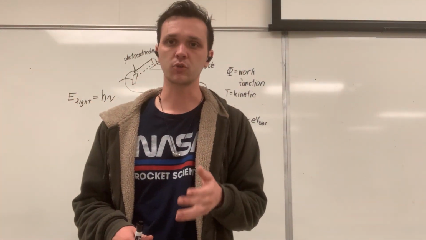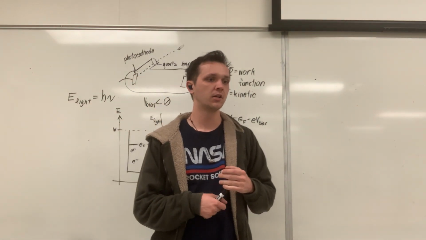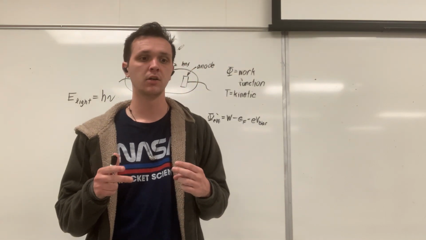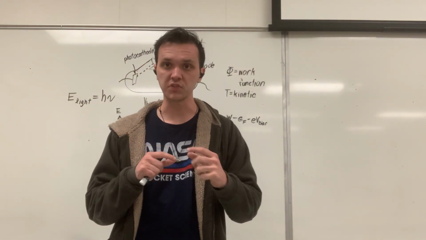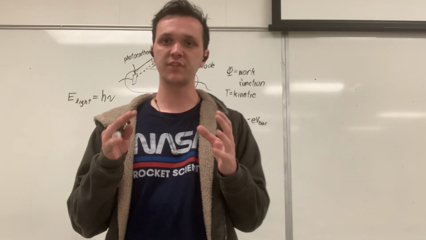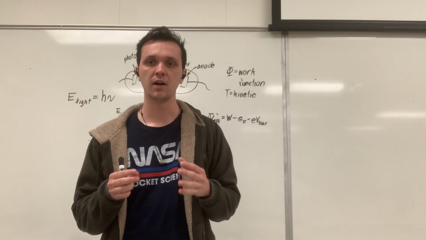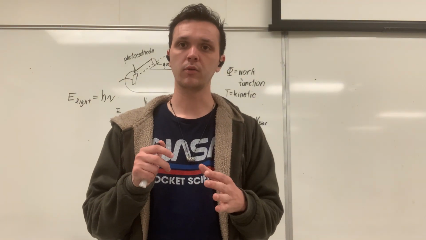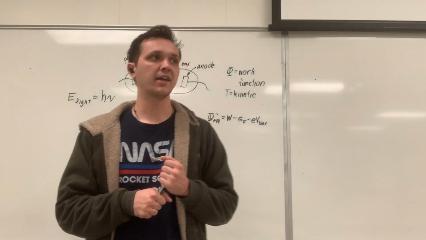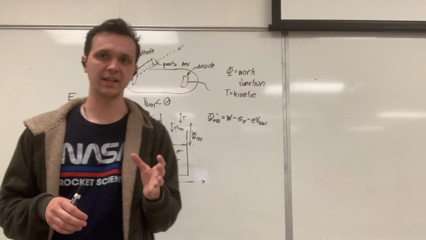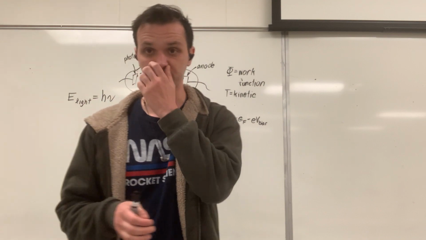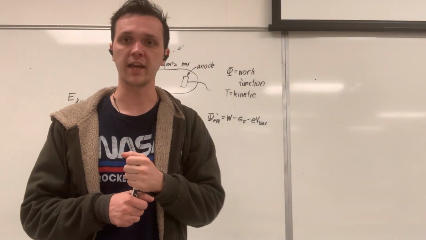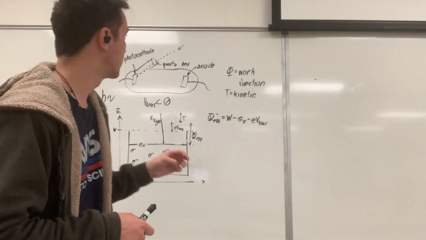And Einstein's answer was that light only gets exchanged in quantized amounts. So there are little indivisible packets or quanta of light that get exchanged with electrons one at a time. And this quantized nature of light was very controversial, but explained why the intensity of the light would drive more current.